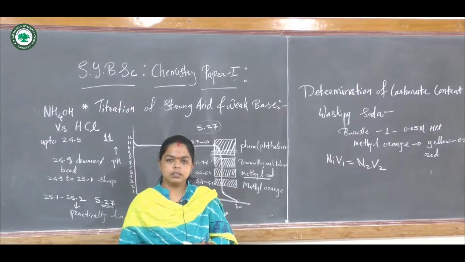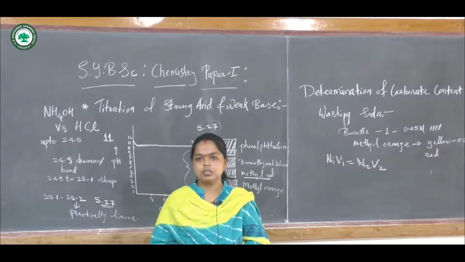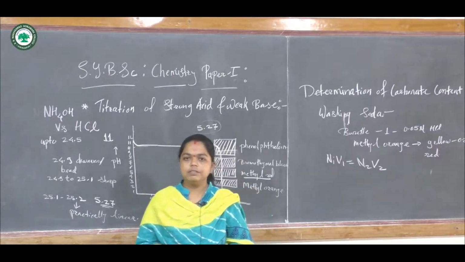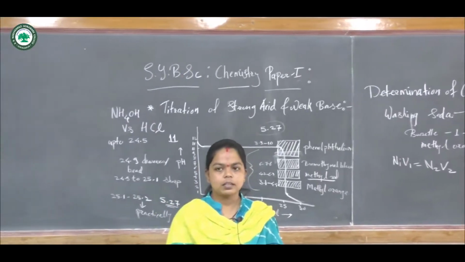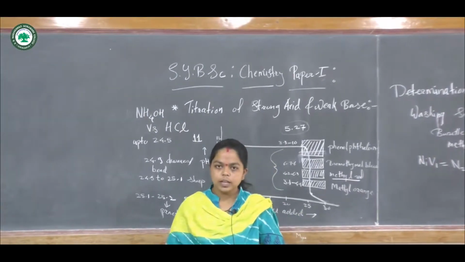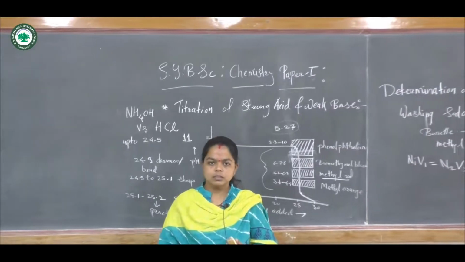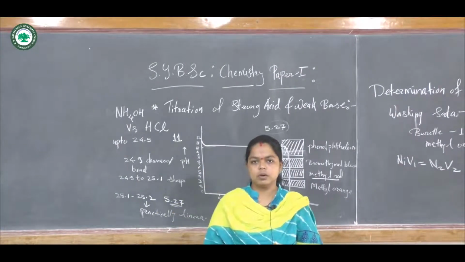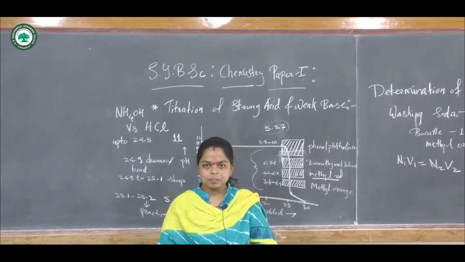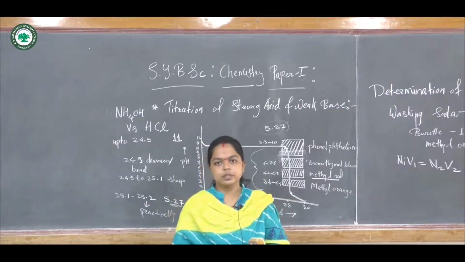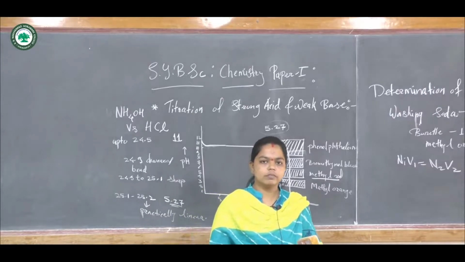Now the next is the titration of the weak acid with the weak base. As both electrolytes are weak, one electrolyte must be a strong electrolyte. So we cannot titrate a weak base with a weak acid.